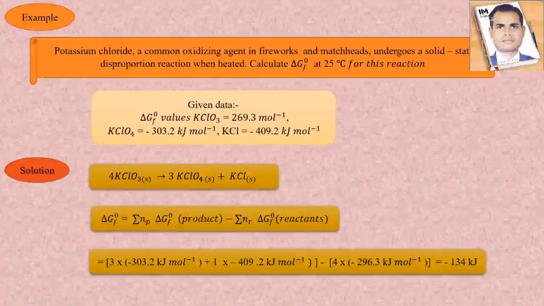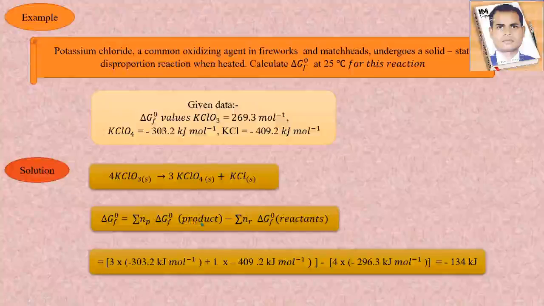Next, for this equation we have to calculate delta G0F, so we write this formula: delta G0F is equal to the summation of nP delta G0F for the products minus the summation of nR delta G0F for the reactants.